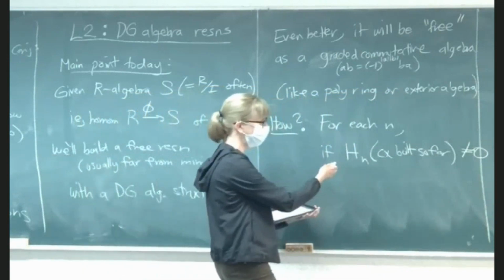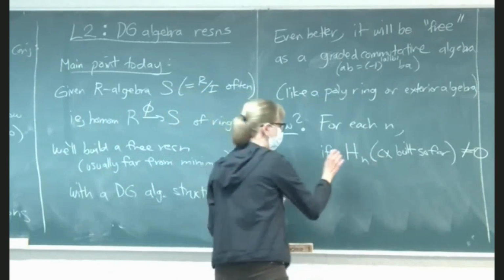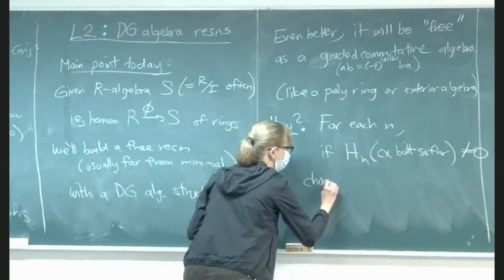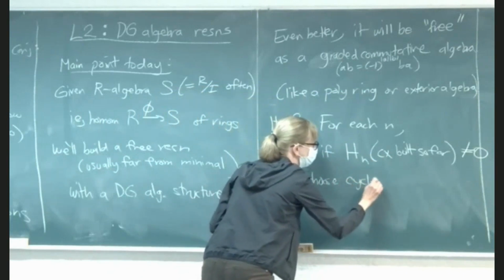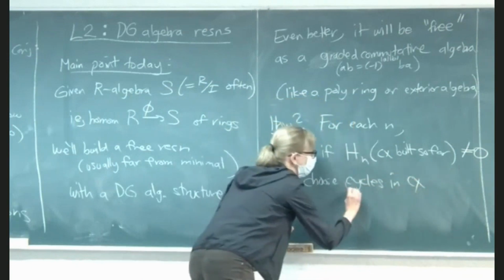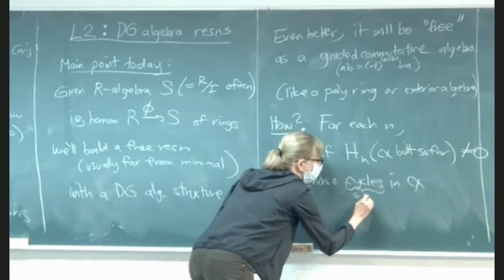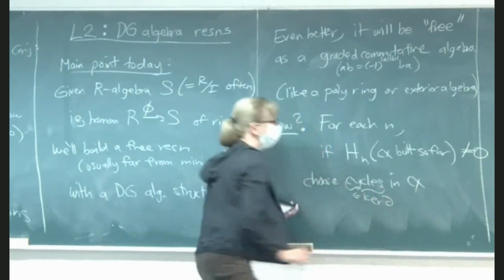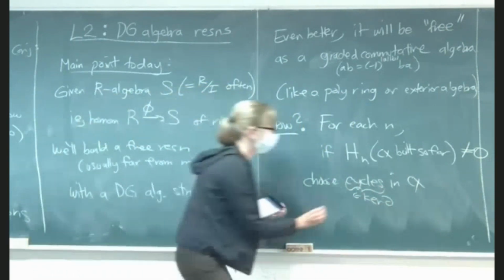So you pick some generators for it. So you choose, actually, cycles in the complex. So what's cycles again? These are things in the kernel of the differential at that point, the nth differential.